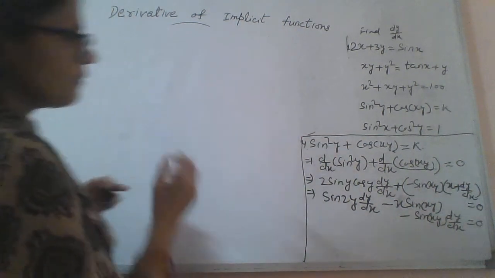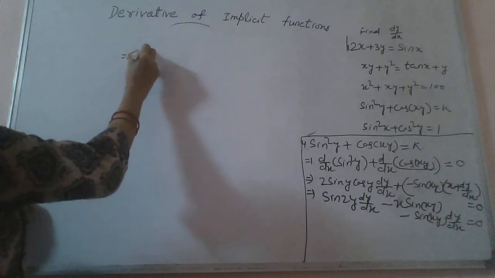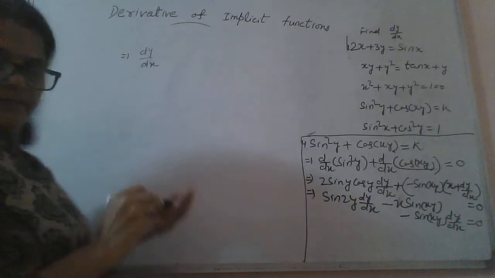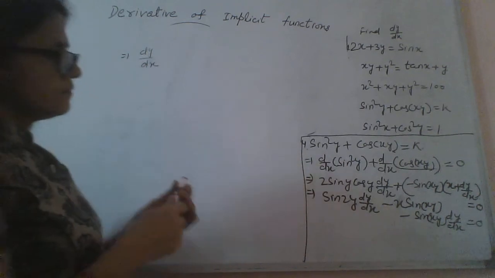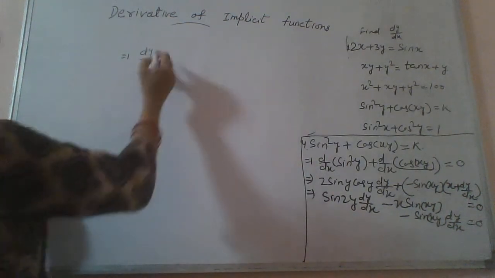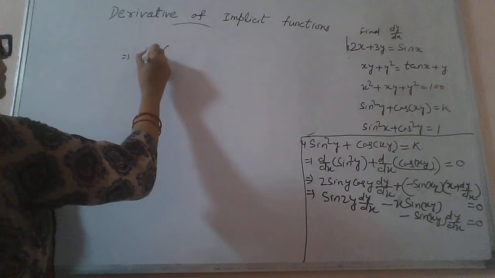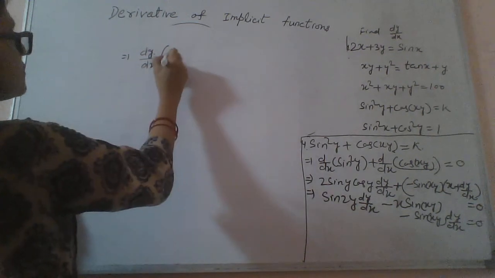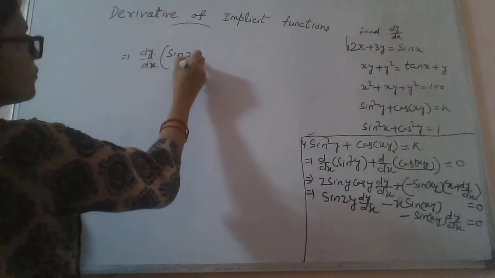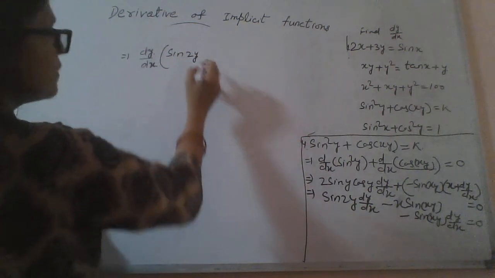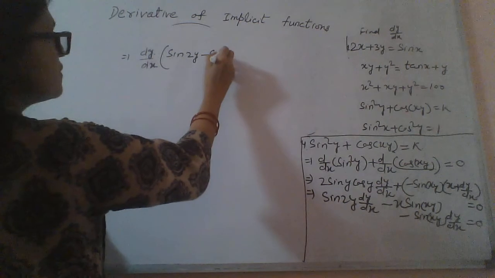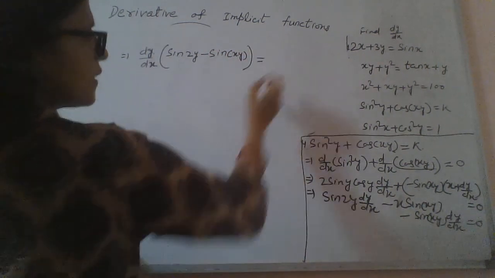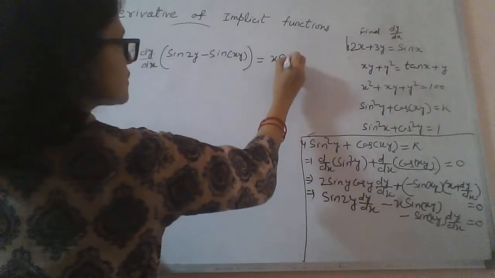So dy by dx into sin 2y minus x sin xy equal to y sin xy.